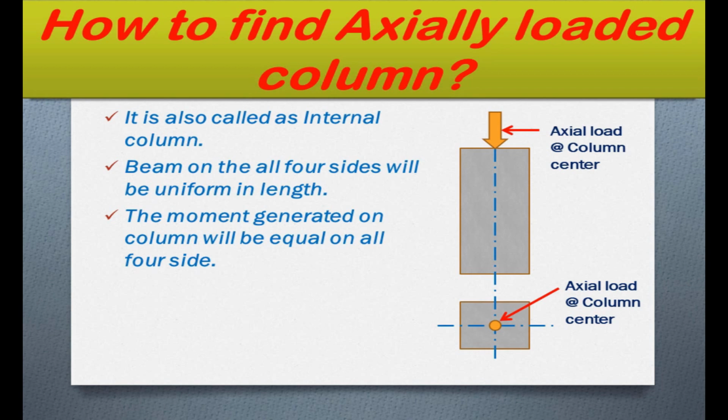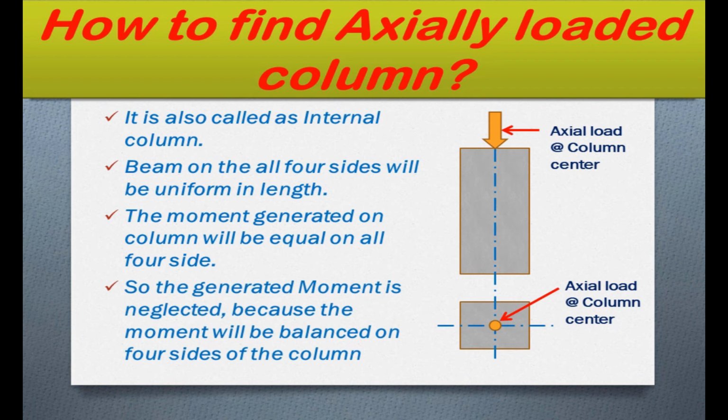The beams on the four sides generate moments equally, so the resulting moment is negligible because it is balanced on four sides of the column. As I told earlier, if the span of the beam is equal on four sides, the moment generated is equal and balanced. So the load acting on the column will be at the center of the axis only. It will not go eccentric, so it is called an axially loaded column.